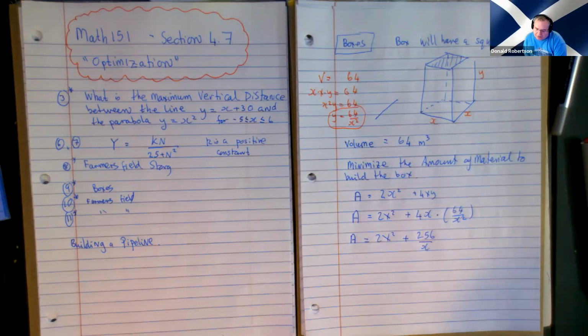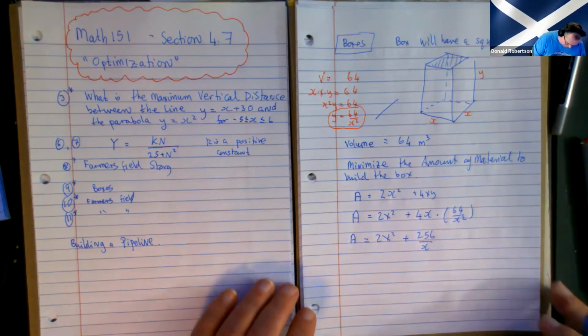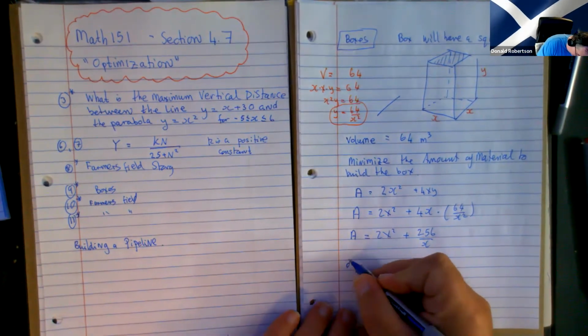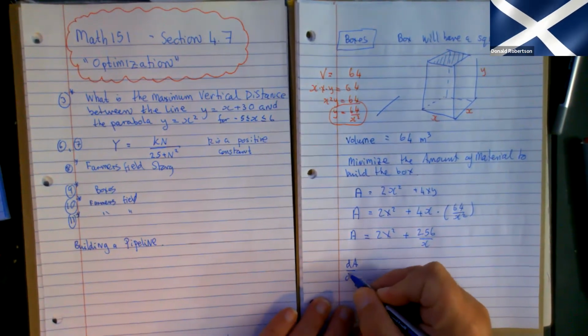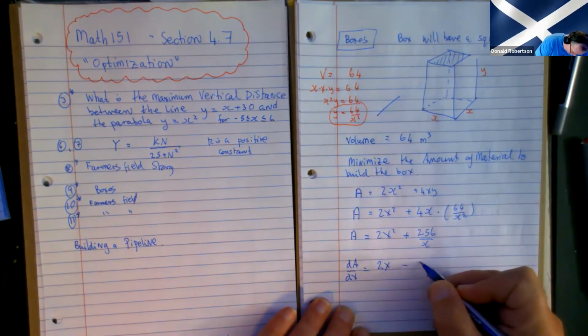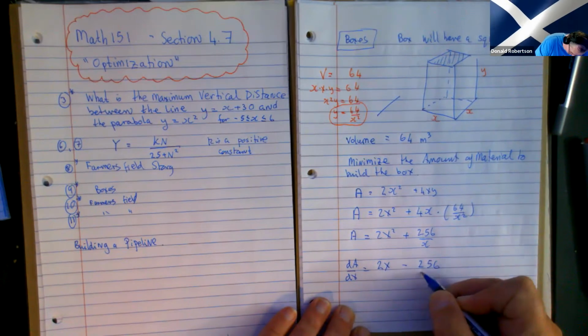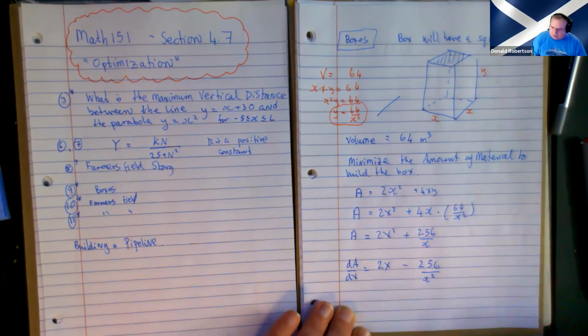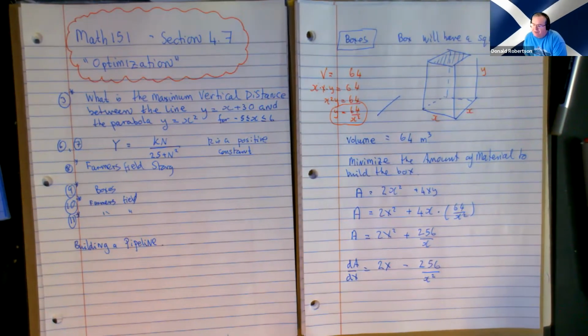Now, you know what's going to happen next, don't you? We're going to differentiate it, critical numbers, solve it, right? If you differentiate it with respect to x, you'll get 2x. Can you trust me? Because I've done enough of these guys to know that that's what the other guy's going to be eventually.